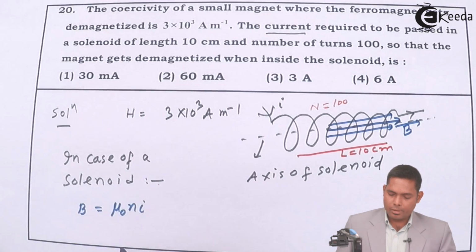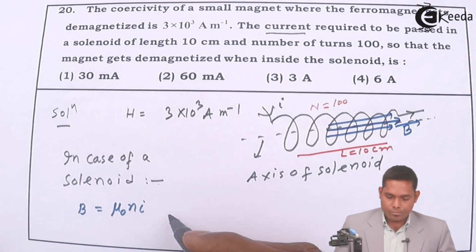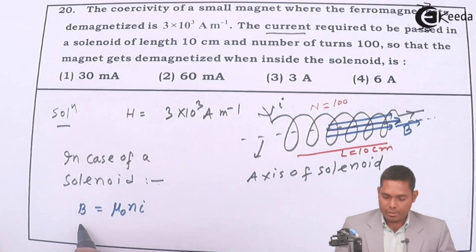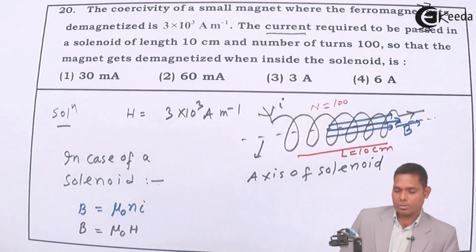And that is balanced by that. You have to demagnetize this, mu naught H, to balance with this.